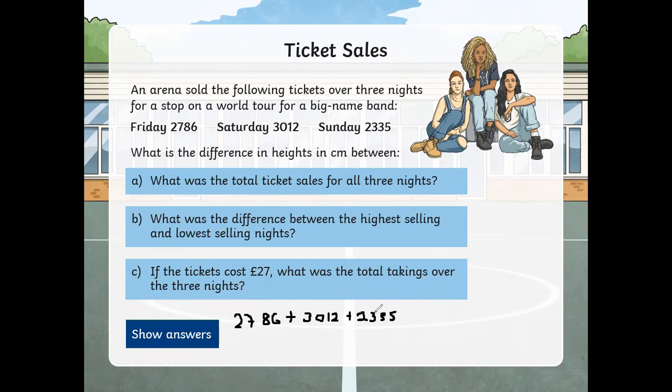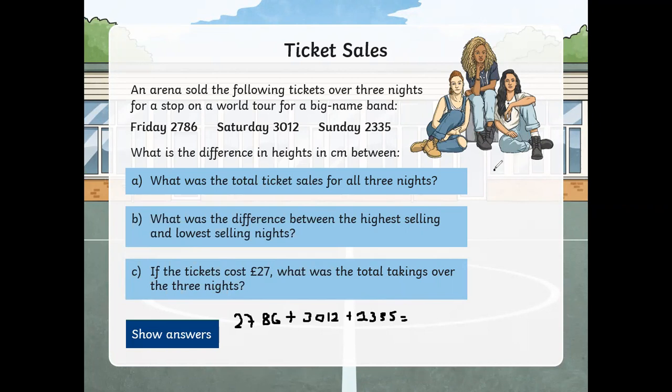There you go. I encourage you to do it the long way. I don't have much space here, but the long addition way will give us the answer of the total ticket sales for all 3 nights.